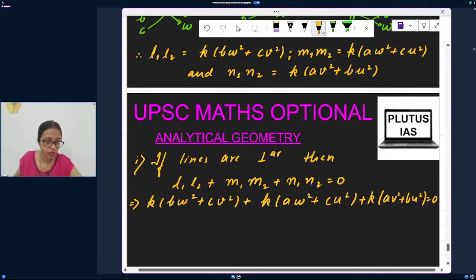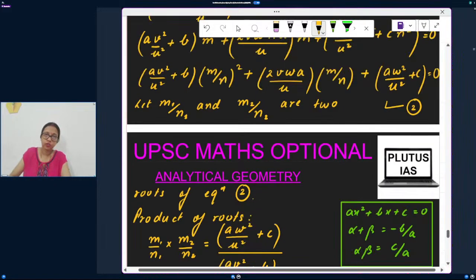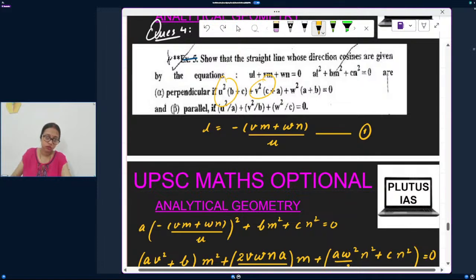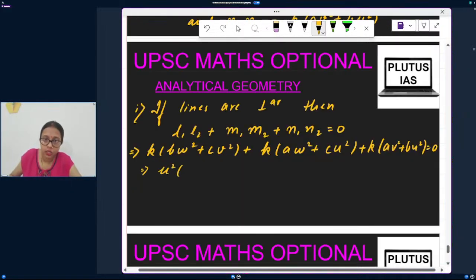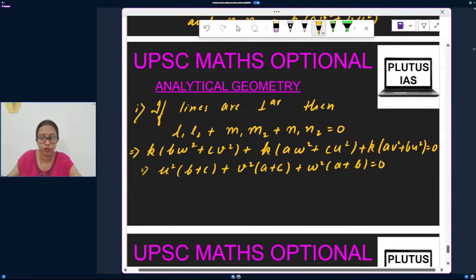K is gone, taking it common, taking to the right hand side. I can mold it in the form that I want: u square, v square, w square common. Taking u square common, I get b plus c, plus v square common, I get a plus c, and w square common, I get a plus b, equal to 0, hence proved.